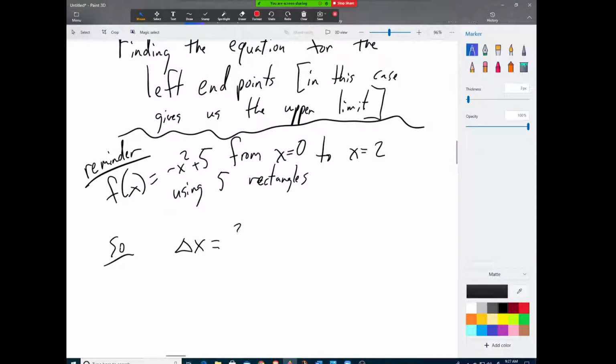And so just as a reminder, once again, our delta x, we're going to take our upper x and our lower x and subtract them, the upper minus the lower, and then divide it by the number of rectangles we're dividing into. So that's going to stay the same.